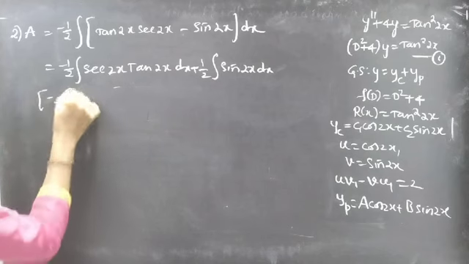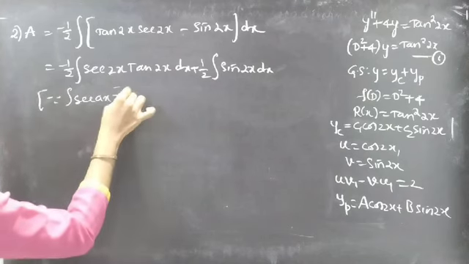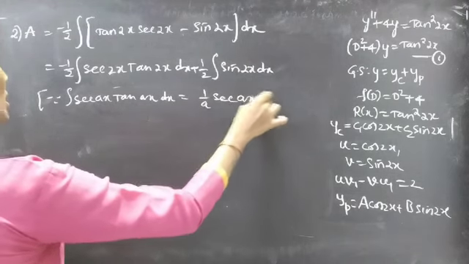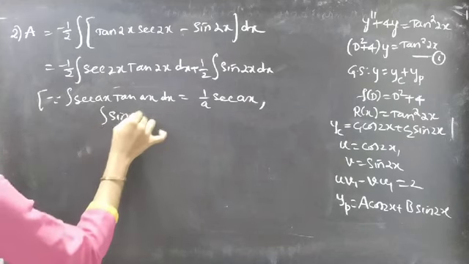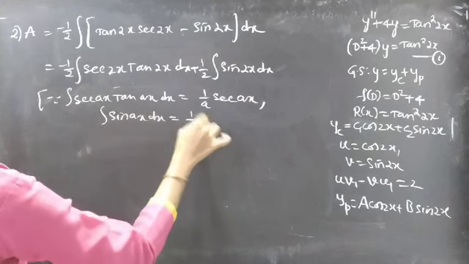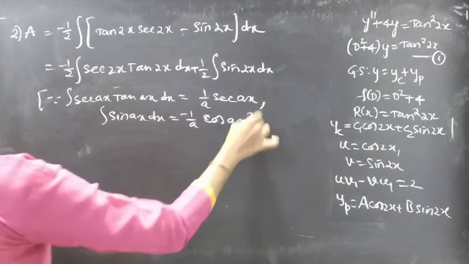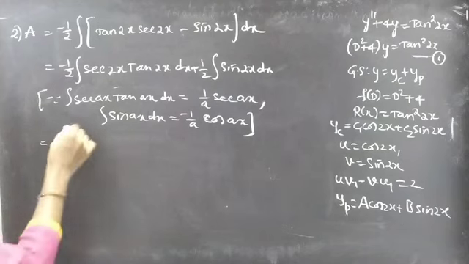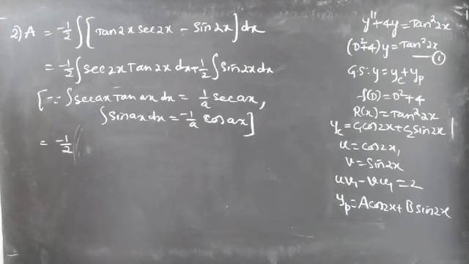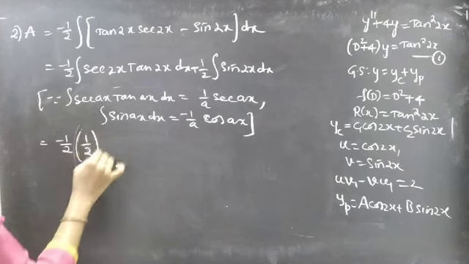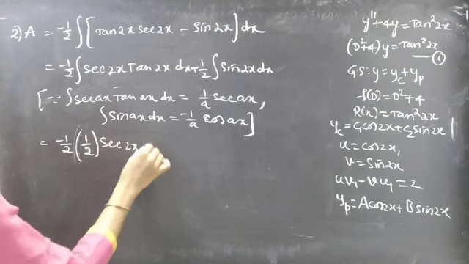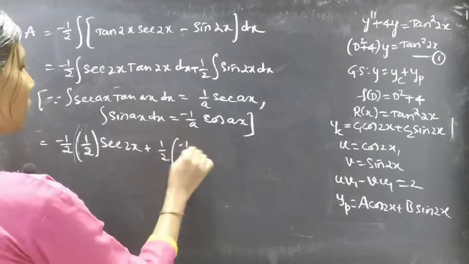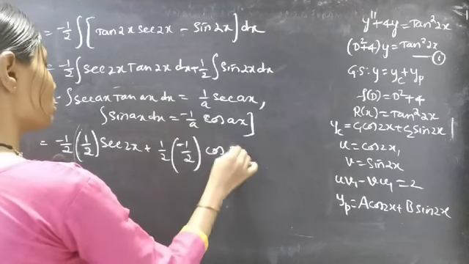Since we know that integral secant ax tan ax dx equals to 1 by a secant ax, and integral sin ax dx equals to 1 by a, minus 1 by a cos ax, the above integral becomes minus 1 by 2 into integral secant 2x tan 2x, for a equal to 2, you'll get 1 by 2 into secant 2x, plus 1 by 2 into integral sin 2x dx, for a equal to 2, you'll get minus 1 by 2 into cos 2x.